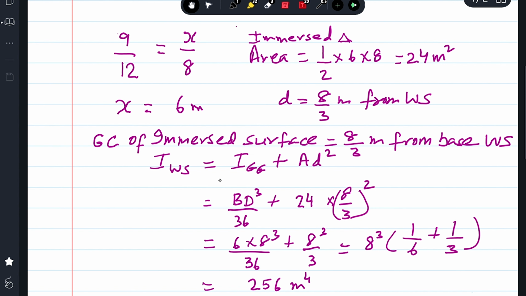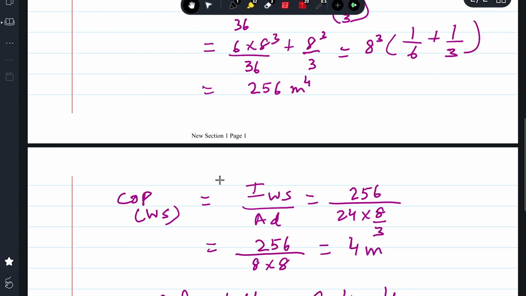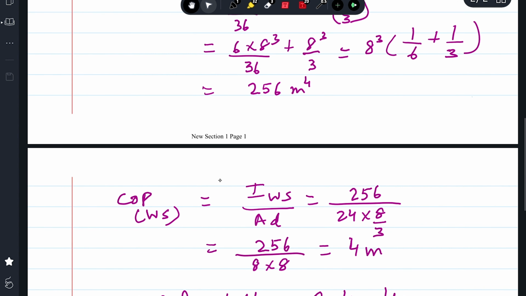That is the I WS. The center of pressure below the water surface is again the moment of inertia about the water surface upon the immersed area into the depth of the centroid below the water surface. So I WS we found 56, and the immersed area of the bulkhead is 24 square meter.